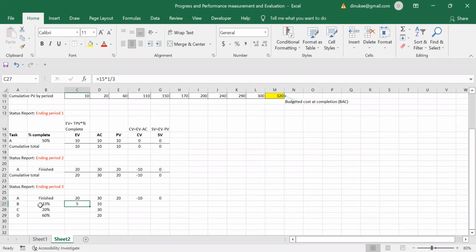If we take 33%, it goes as 33.33, so we cannot get an exact value. Actually the 33% means what? 1/3, right? That's why I have taken 1/3.